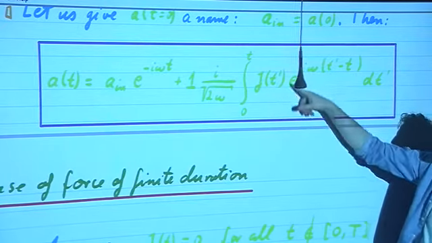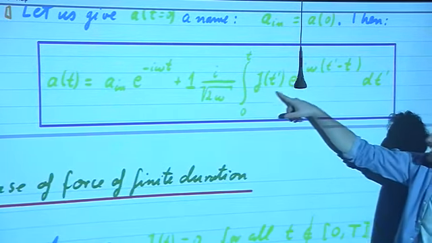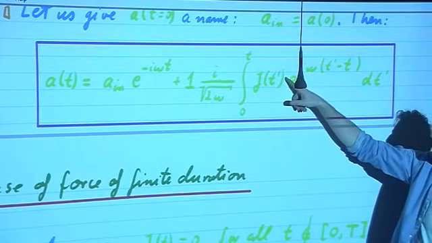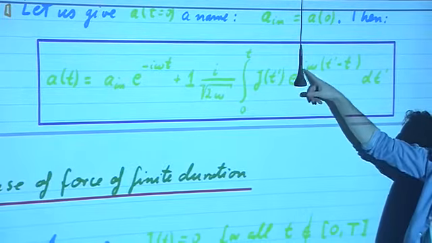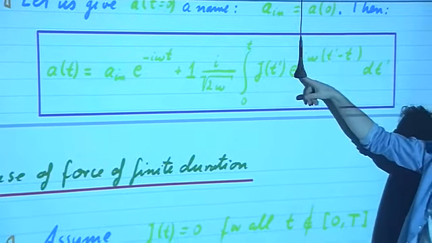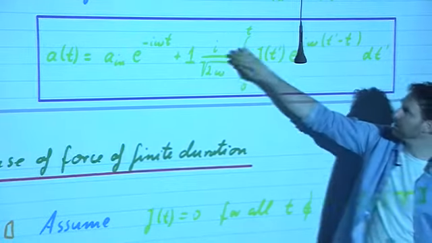Because this is like a Fourier factor. That is the force function, j of t. You're integrating the force function over that Fourier factor, e to the i omega t. You see, the factor e to the i omega t, that particular factor you can pull in front.